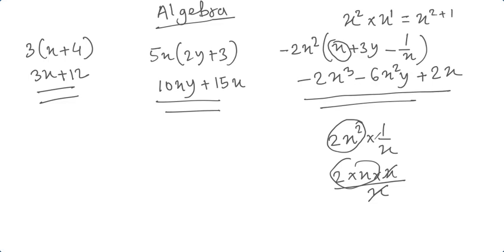So in algebra, these are the simple cases of expanding brackets. Let's see other things, like expanding a pair of brackets, like here x plus 3 and x plus 5.